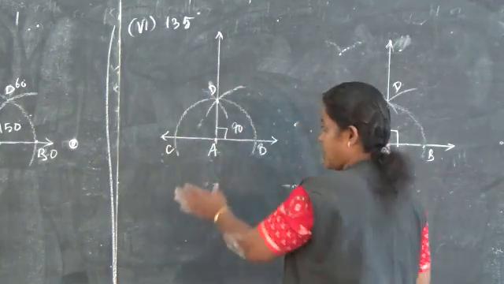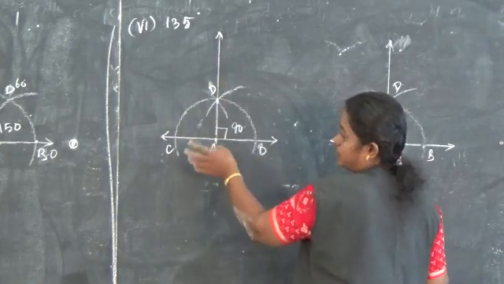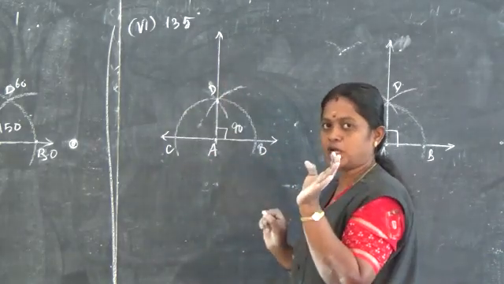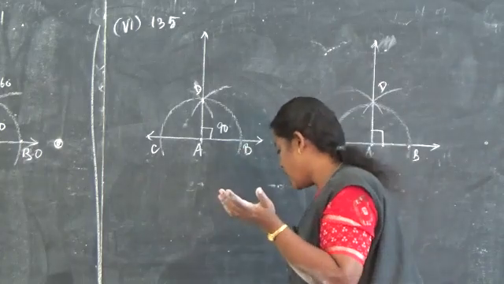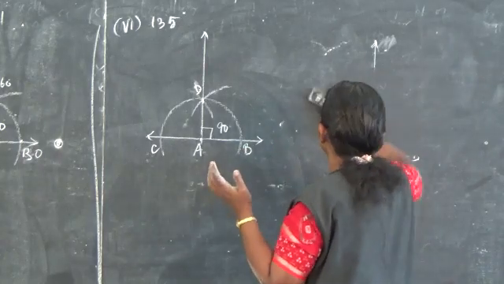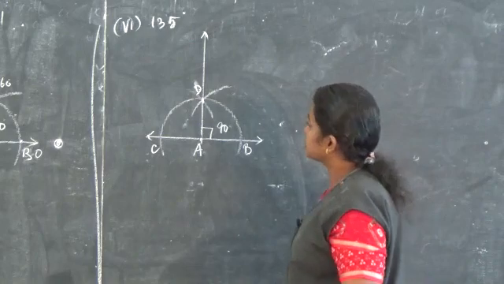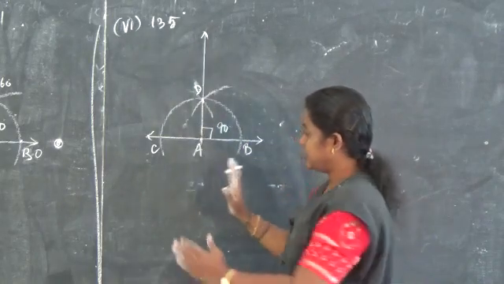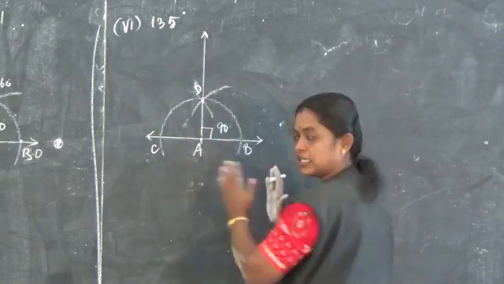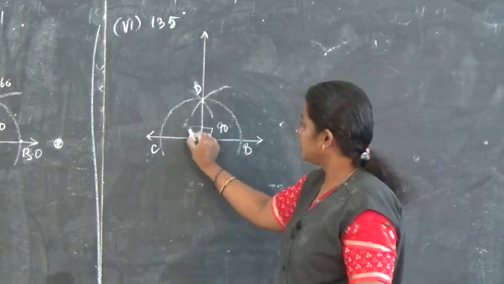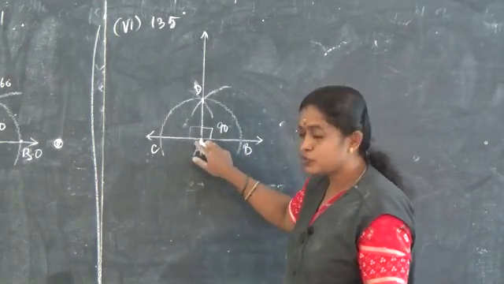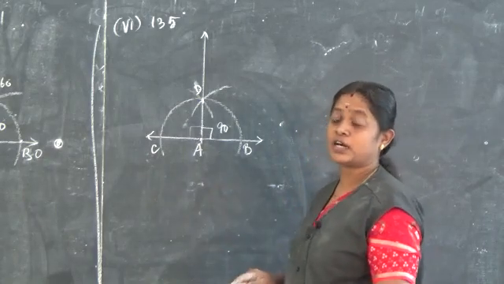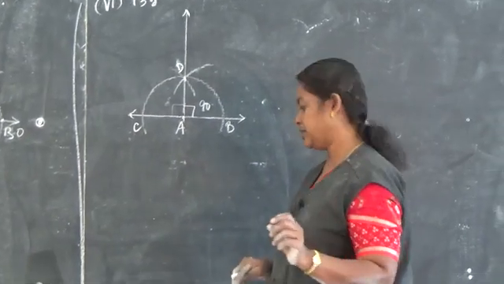I drew full arc. After that, up to 90 degree you know how to draw, because the third problem, the fourth problem, we did 90 degree. After that, the perpendicular line divides the line equally. So this side also is 90 degree. Here, I am going to use the angle bisector theorem for getting 45 degree.